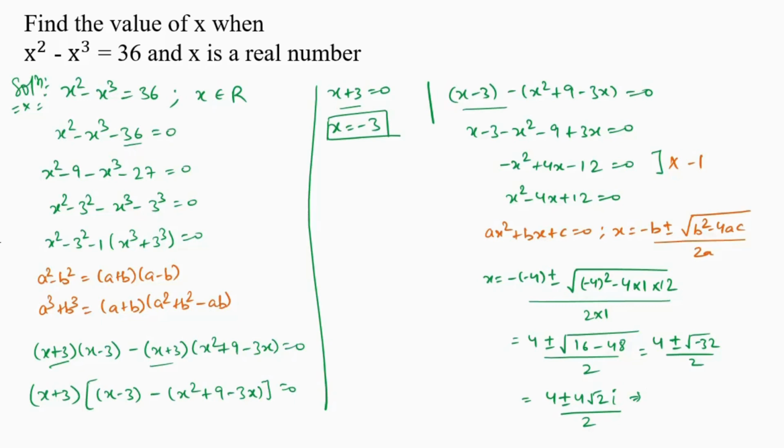So this is an imaginary number that does not belong to the real numbers. So we ignore this value and we have only one value, that is x equals minus 3.